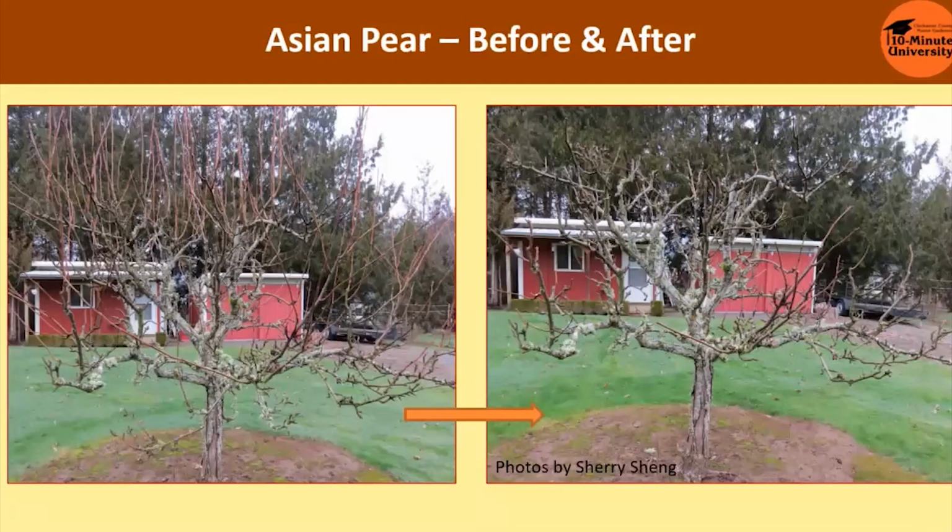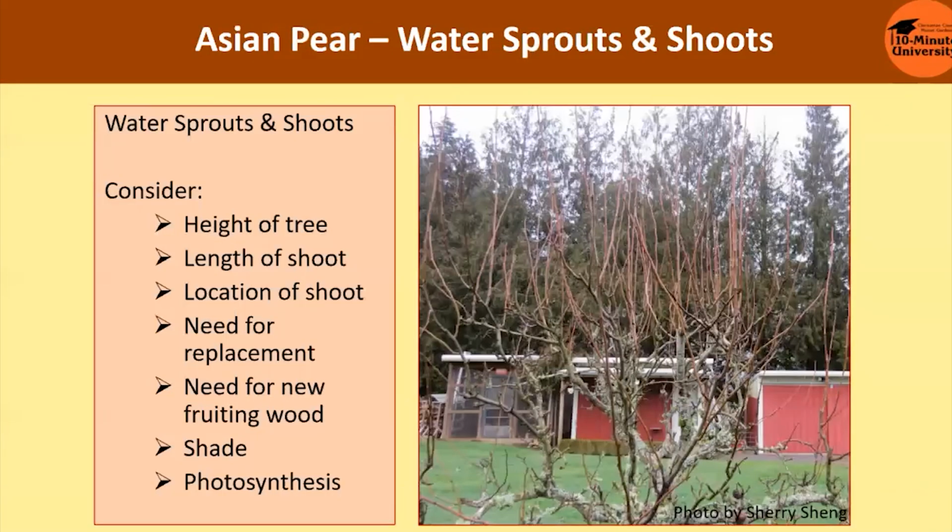All right, so we've walked through the steps of pruning an apple tree, and now we're going to look at photographs showing the same approach with the Asian pear, before and after. Shoots, including water sprouts, take some out.